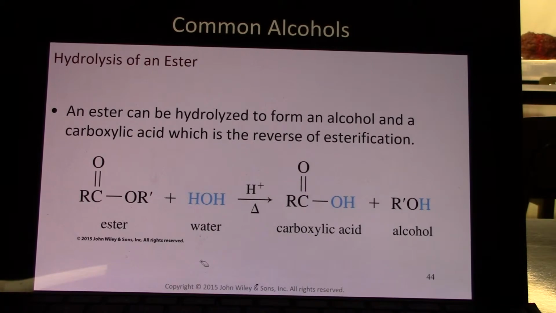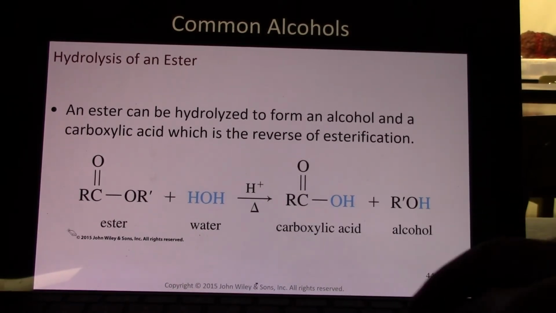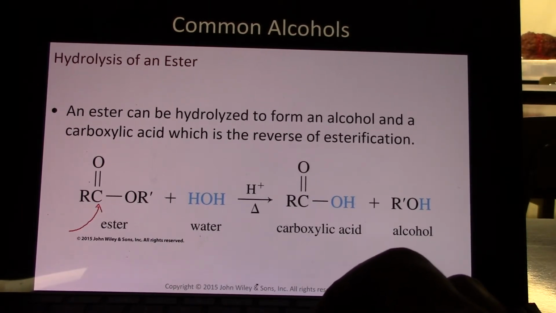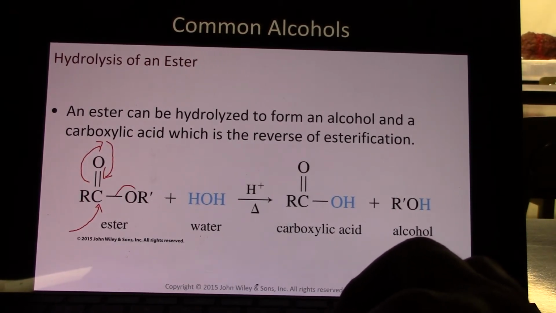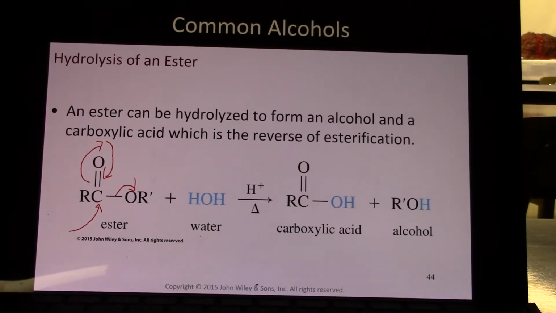Hydrolysis of an ester. Water can attack an ester, and that water comes in, hits this carbon. Those electrons come up here. They come back down to reclose your ketone group, kicking off your alcohol. That is hydrolysis of an ester. It can be acid catalyzed or it can be base catalyzed.